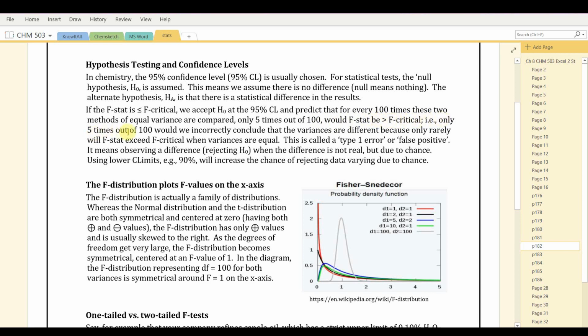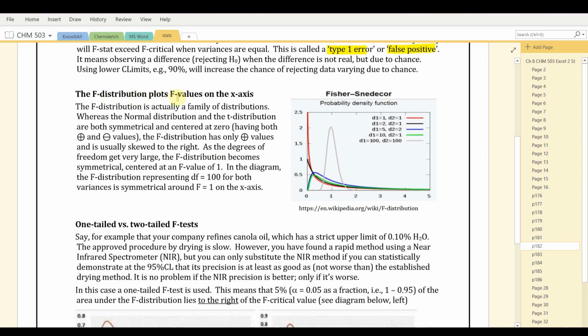Only 5 times out of 100 would we incorrectly conclude that the variances are different, because only rarely would F-stat exceed F-critical when the variances are equal. This is called a type 1 error, or false positive. It means we reject H0 when the difference is not real, but due to chance. Using lower limits, like a 90% confidence limit, would simply increase the chance of rejecting data varying due to chance.